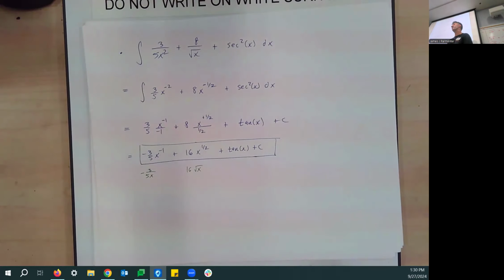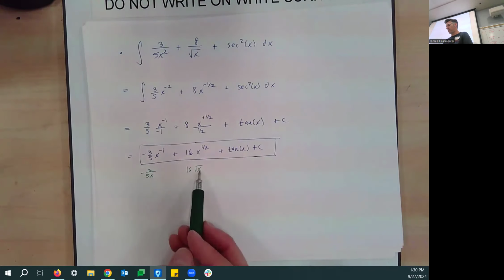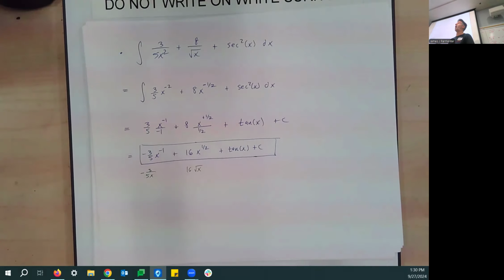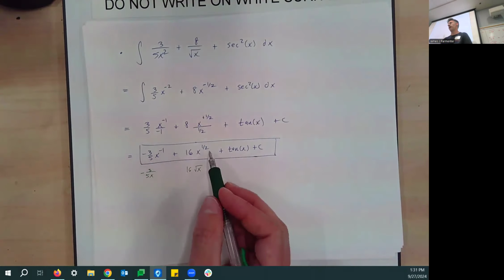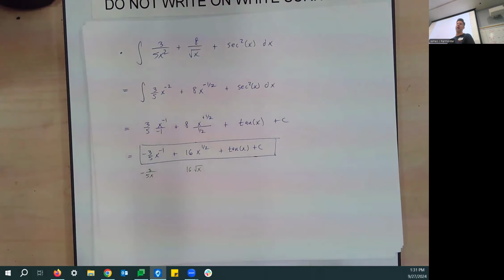On the other hand, if someone had asked me about the domain of this function, I might prefer to write it like this, because it's more obvious to me that 0 isn't in the domain because I can't divide by 0, and that x can't be negative because I have a square root of x. Writing it as x to the negative 1 and x to the 1/2 hides that fact a little bit. So depending on what I'm being asked to think about, it might be good to be able to go back and forth between these two different ways of writing things.